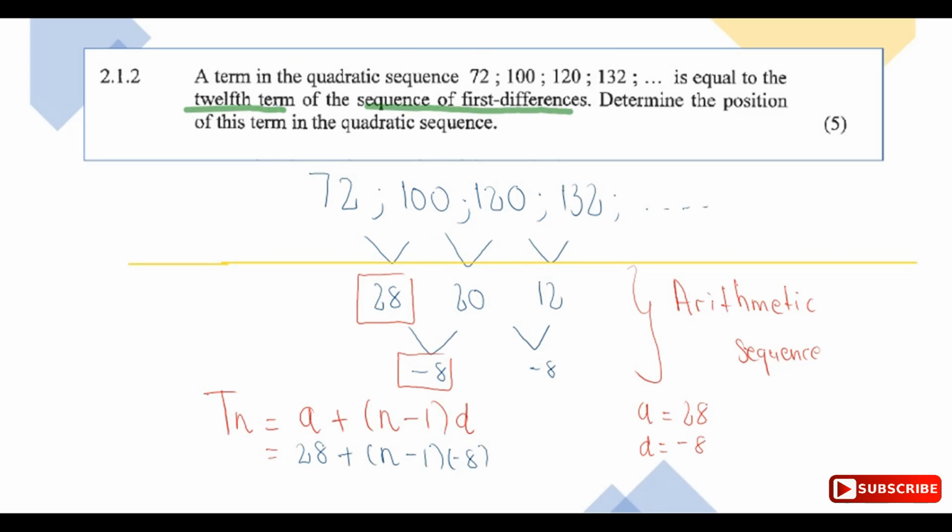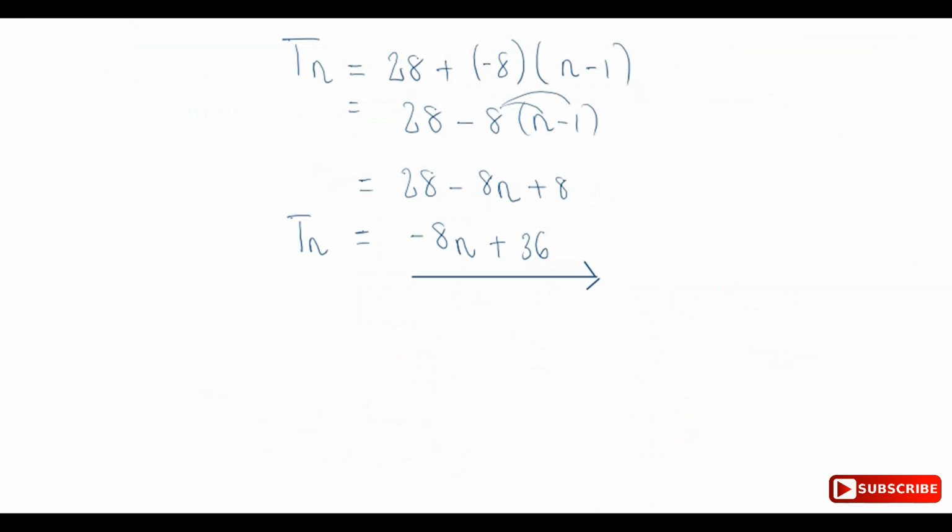Because we've already found the formula of the nth term of our sequence of first differences, what we need to do is simply substitute T12 into this formula to get what the 12th term is in our sequence of first differences. So we're going to substitute the 12 there plus 36, and you find that you get minus 60.